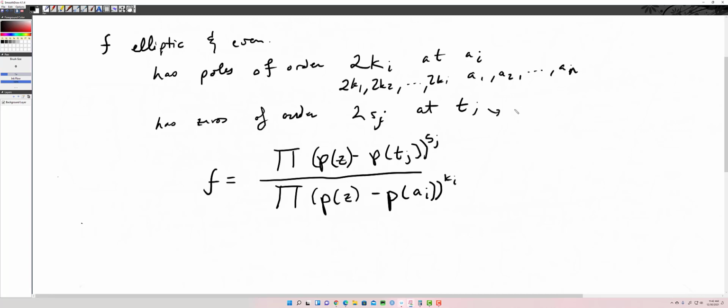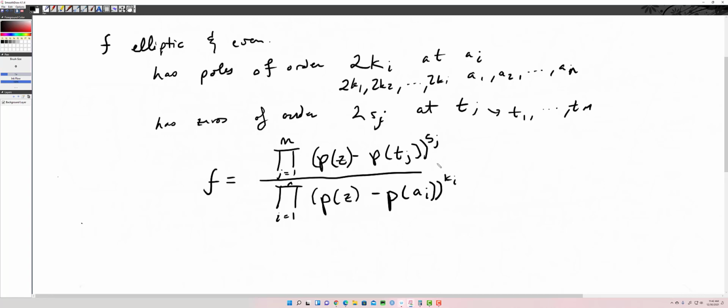I should have said this corresponds to t_1 through t_m. So here I have a function that should look something like this f that I'm trying to make it look like.